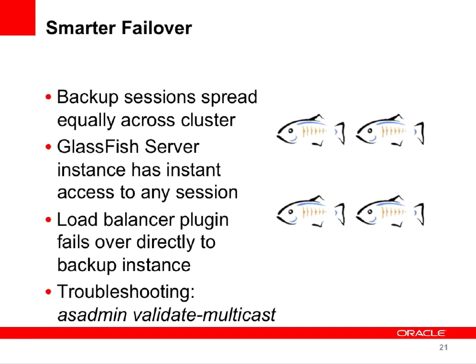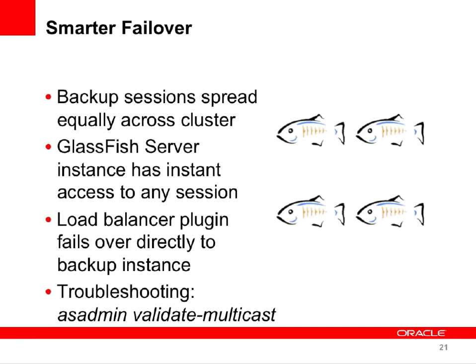So in GlassFish Server 3.1, instead of allocating a specific instance as a buddy for providing replicated sessions in case of a failover, we now spread that across all other instances in a cluster. So if an instance fails, the load is spread across all instances in the cluster. It's actually a much smarter failover.